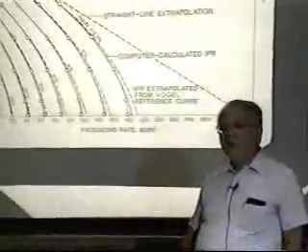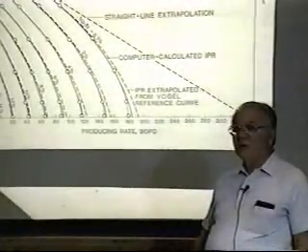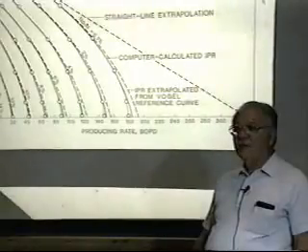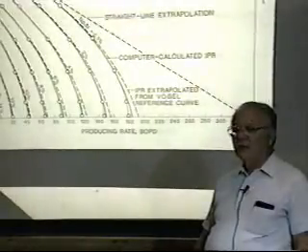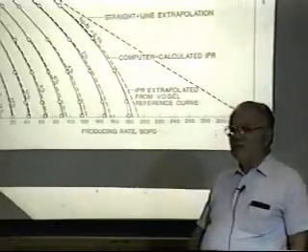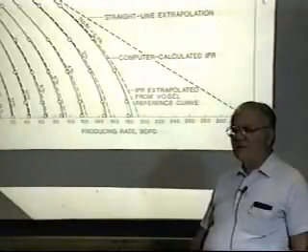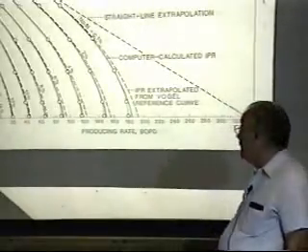Q over Q max is equal to 1 minus 0.2 times the ratio of PWF over PR bar, minus 0.8 times the ratio of PWF over PR bar, that expression squared.